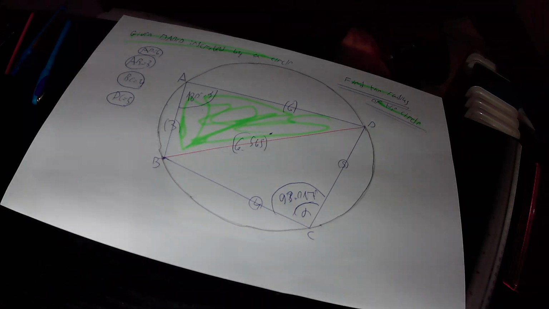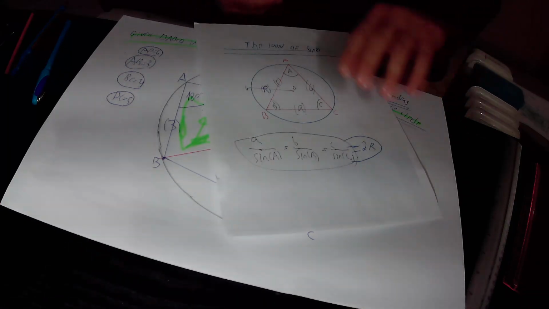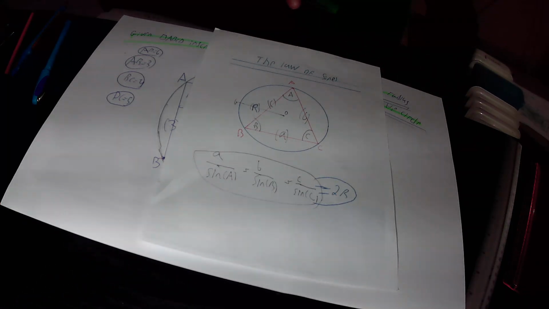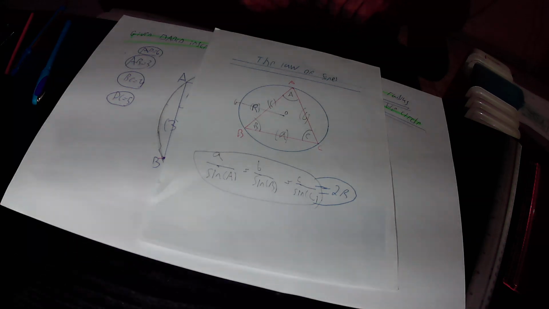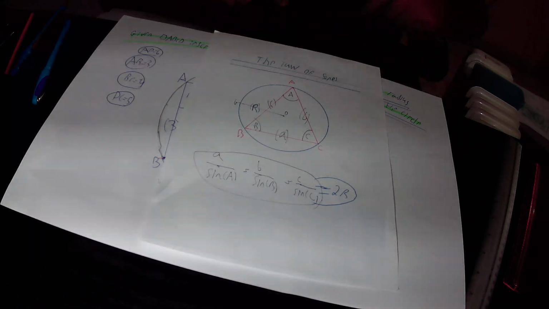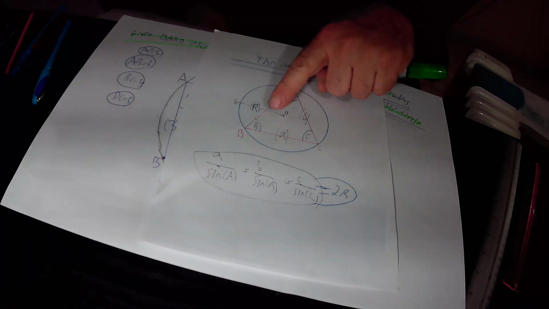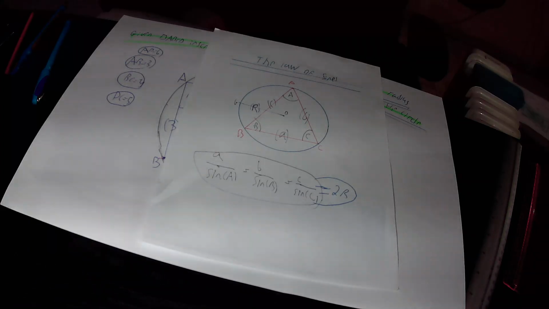Okay, let's look at the law of sines. This is triangle ABC, which could be any triangle. Angle BAC equals A degrees in size. This is angle ACB that equals C degrees in size. And finally, this is angle ABC that equals B degrees in size.